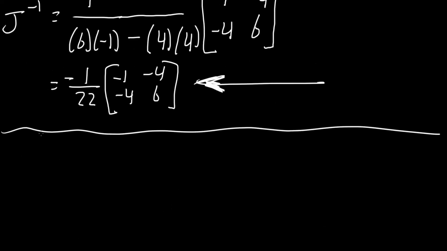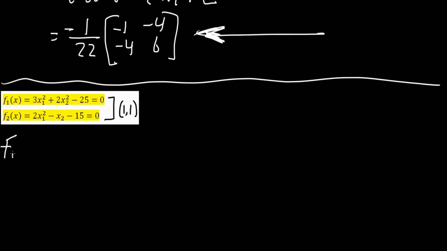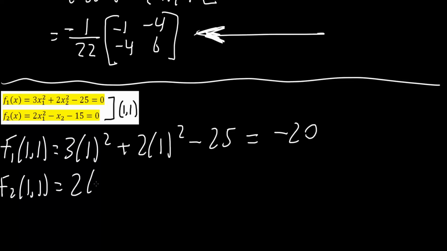The next step that I will do is apply 1, 1 to each of these two equations, meaning f1 of 1, 1, and I would get 3 times 1 squared plus 2 times 1 squared minus 25, and this would equal -20. Next I do f2 of 1, 1, and do the same idea. 2 times 1 squared minus 1 minus 15. And I would get negative 14.